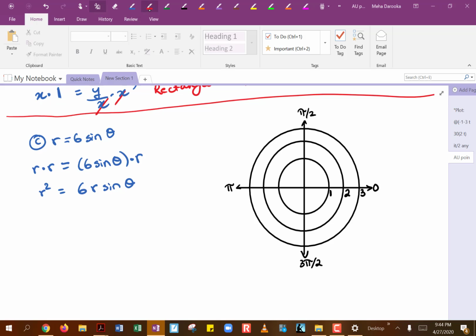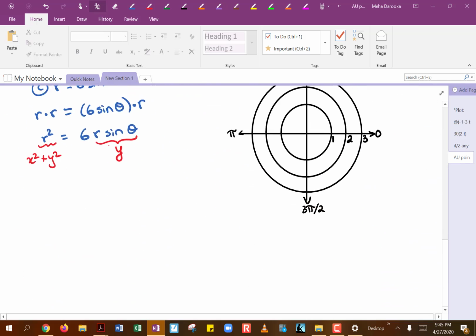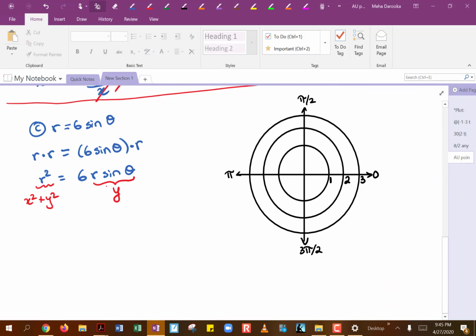But the reason we brought that extra r was because r times sine of theta, we know we can write that as y, and then r square, we can write that as x square plus y square using this transformation here, right? R square equals x square plus y square. So we're bringing that idea to replace our r and r sine theta with the x and y variables. So you end up getting x square plus y square equals 6 times y.